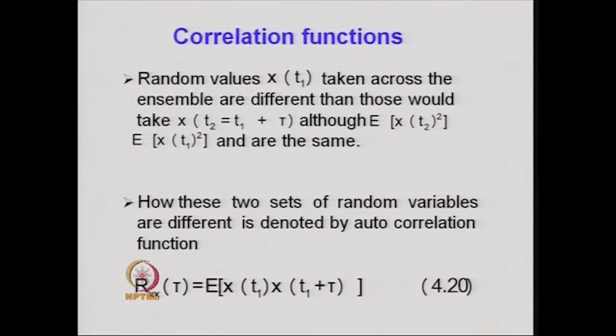Next, we mentioned this before, but again let me reiterate it. If we have a random variable x(t1) and then we define another random variable x(t2), with t2 defined as t1 plus tau, tau is the time shift between t1 and t2.